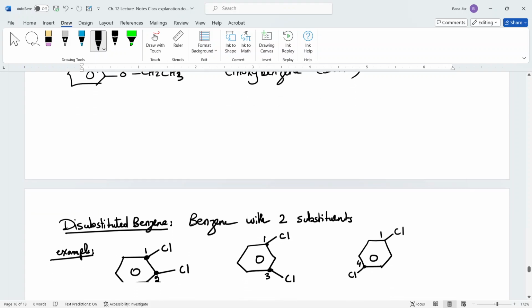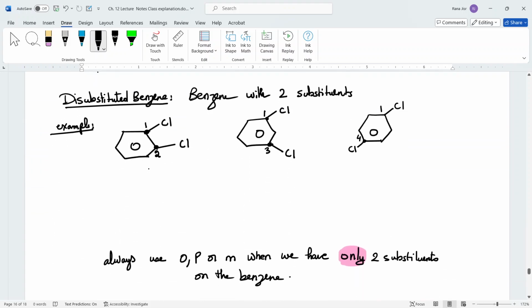Okay. If you have two substituents on the benzene, we're going to follow a different system, and the different system is going to be using simply indication where these substituents are.